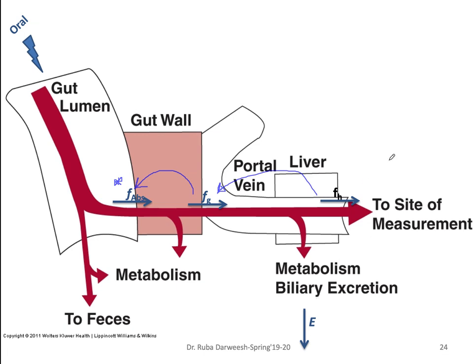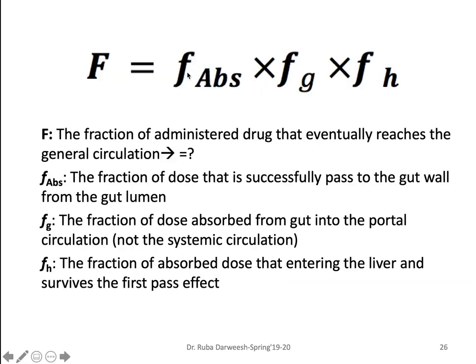Then if I want to determine whatever is happening to the drug here, the fraction of the drug reaching the systemic circulation, or capital F, it will be the multiplication of all those fractions. I don't care that much about the symbols of each one of them because it's different according to the reference that you are using.